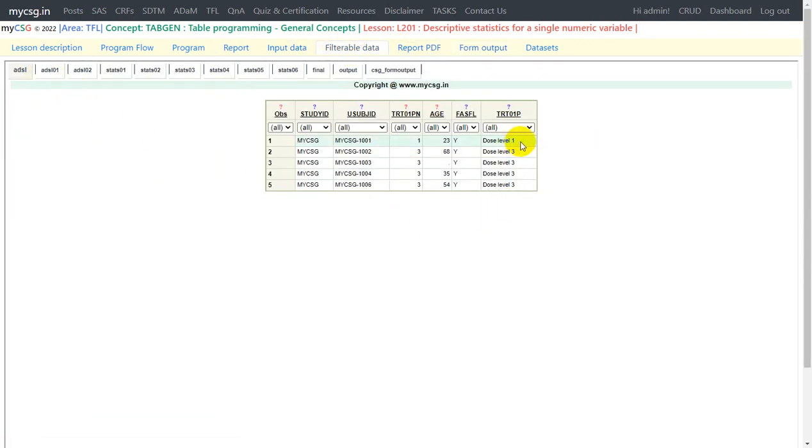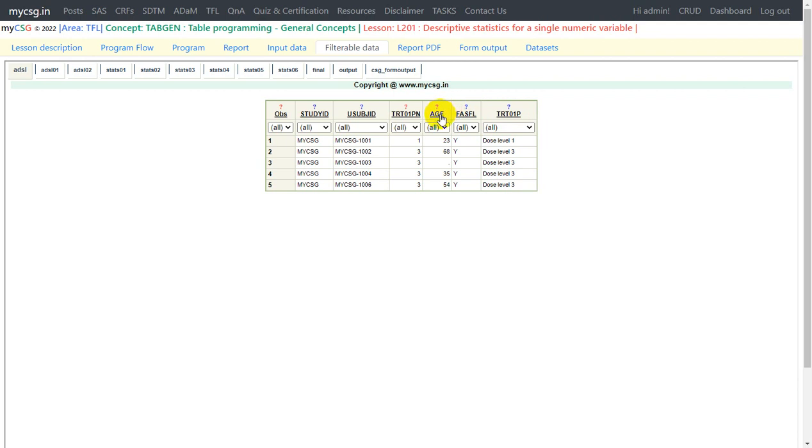So one subject in dose level 1 and 4 subjects in dose level 3, and our analysis variable is age. If you see again here, there are 4 rows with data available and 1 row with missing data. Our grouping variable or class variable in this case is our planned treatment, which is TRT01PN or TRT01P.